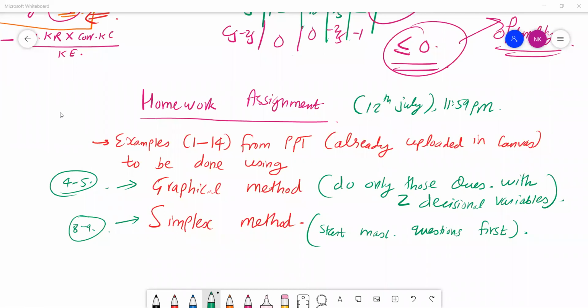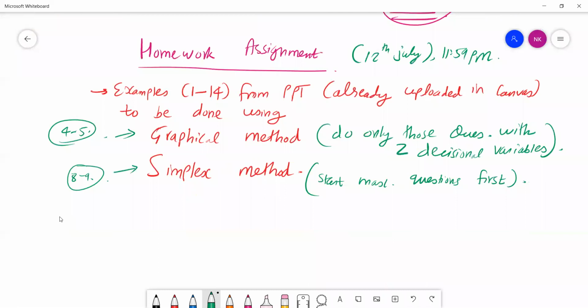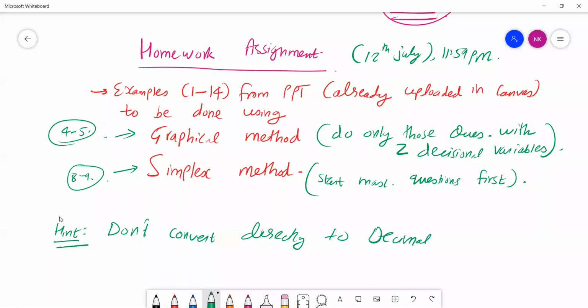And there is one hint. I am not saying that you should be using this hint, but I have practiced all these things, and from my own experience, I am saying: don't convert directly to decimal. Keep it in fraction.